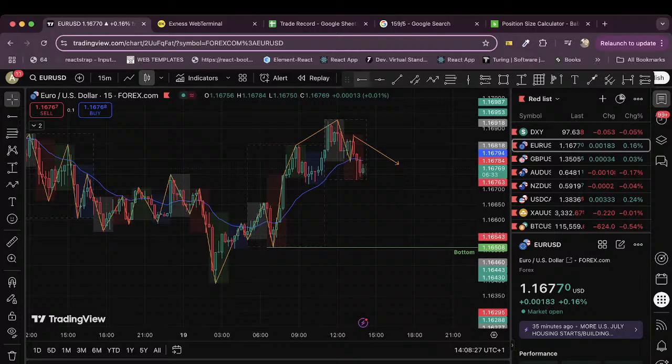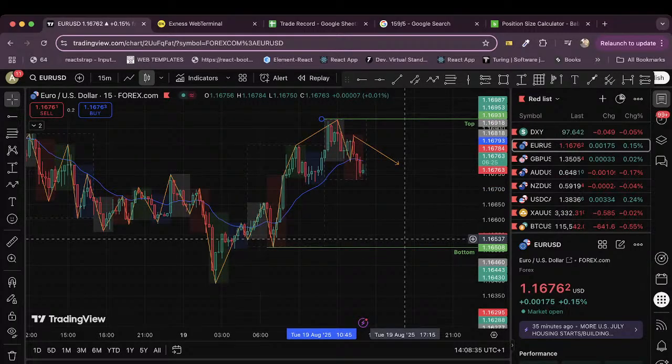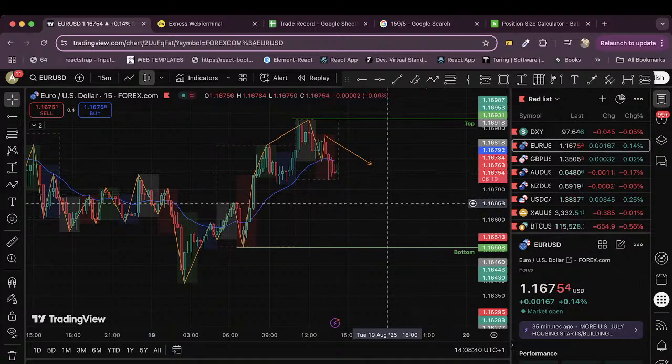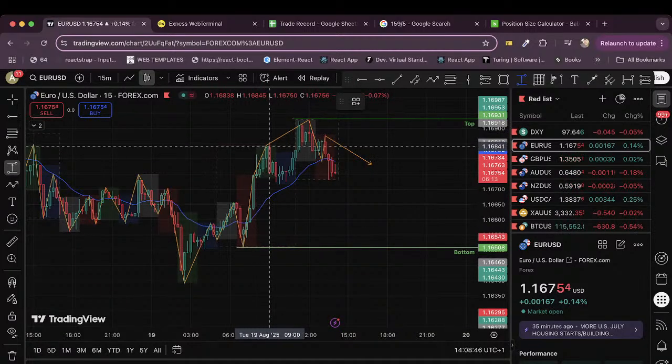I'll maintain that this is still the top for me. So we have a very huge range on euro, in my opinion. But well, I'm just thinking about it.